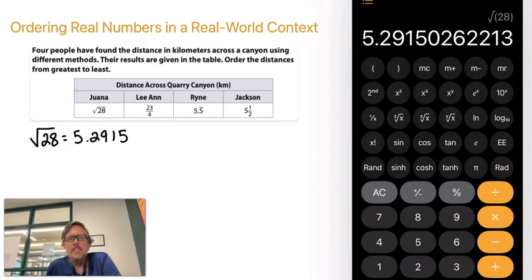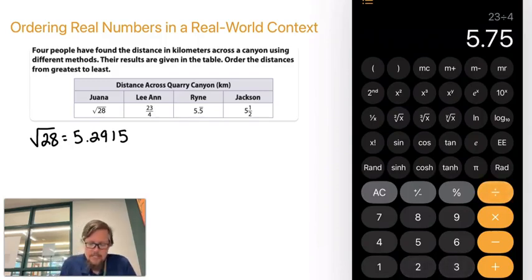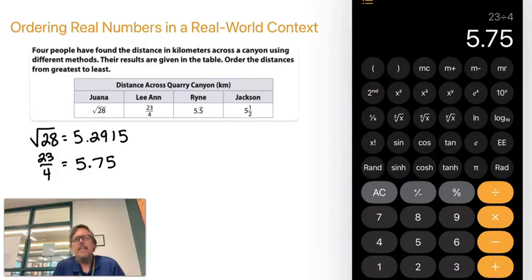Let's do Leanne next. Hers is 23/4, which we're going to find by doing 23 divided by 4. So 23 divided by 4 is 5.75. So 23/4 is 5.75. The next two, we don't really need a calculator. 5.5 repeating is 5.55.